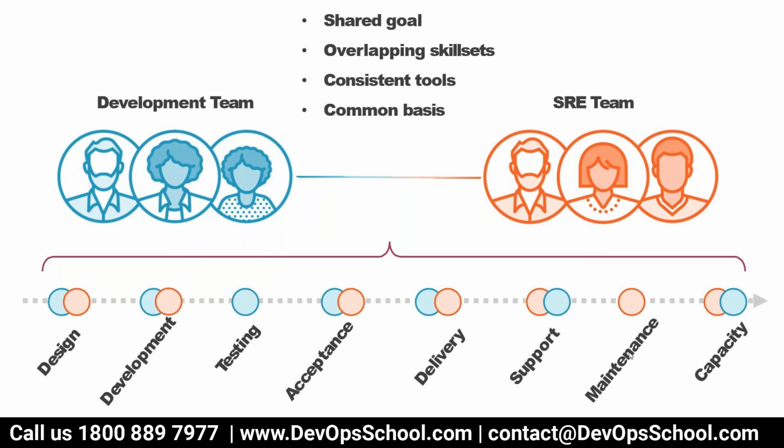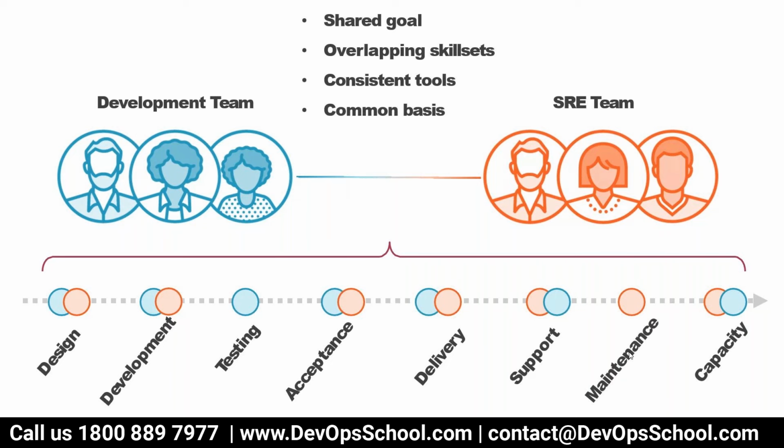Basically SRE has been brought in because merging all teams together and making it DevOps was very difficult for many organizations. DevOps is good if you implement it well, but most organizations fail to implement DevOps. So Google suggested let's take a mid path right now.